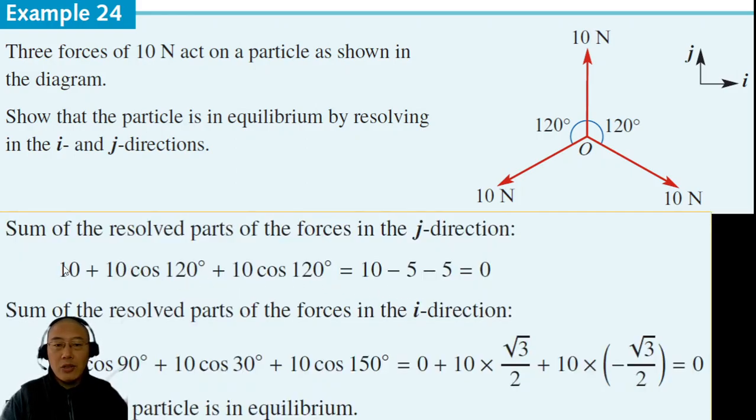And as you project in the j direction, that needs to be equal to 0. Okay, you project as well in the i direction, which is also 0. Therefore the sum in both directions is 0, so it is in equilibrium.